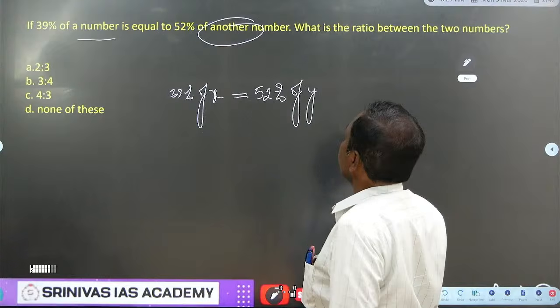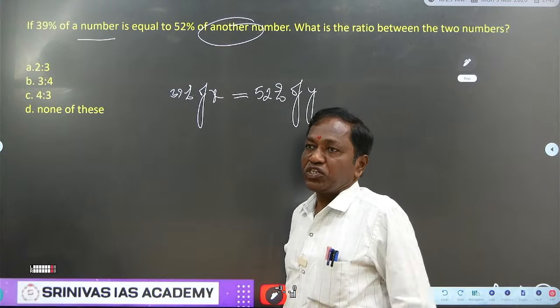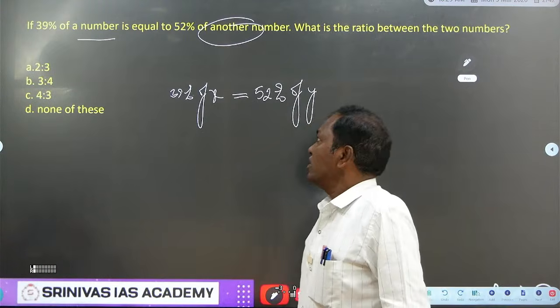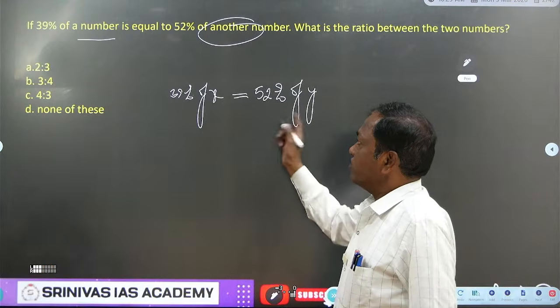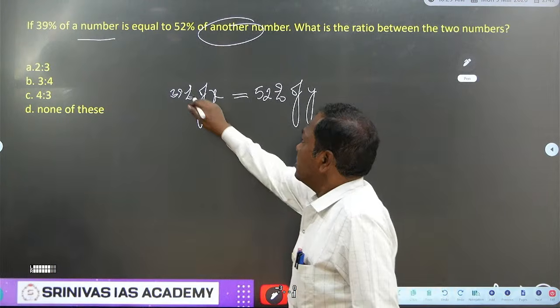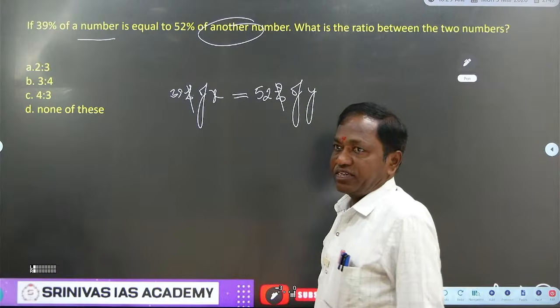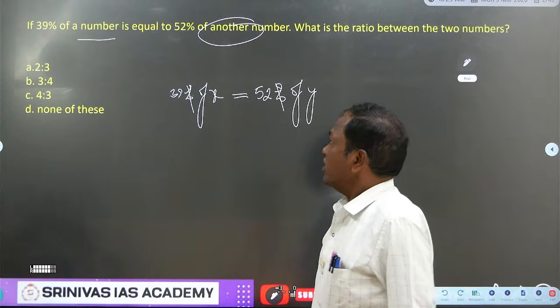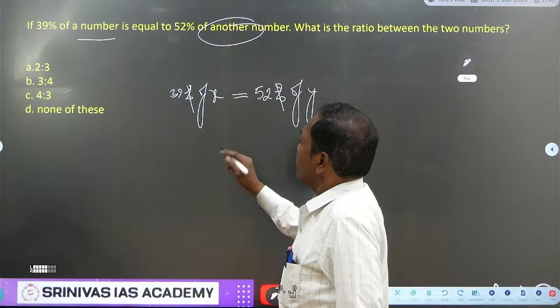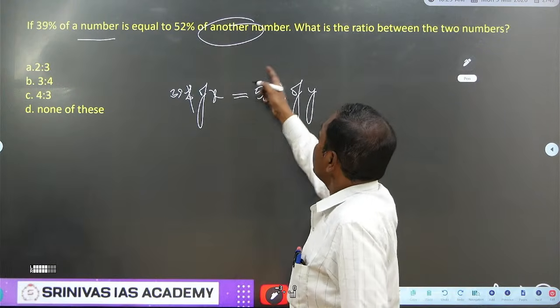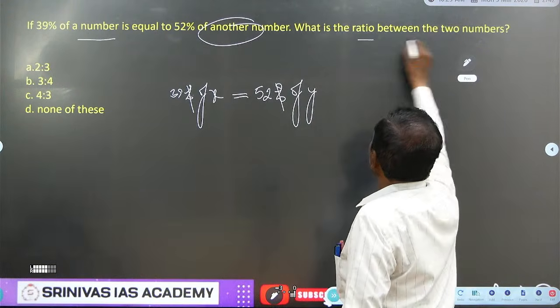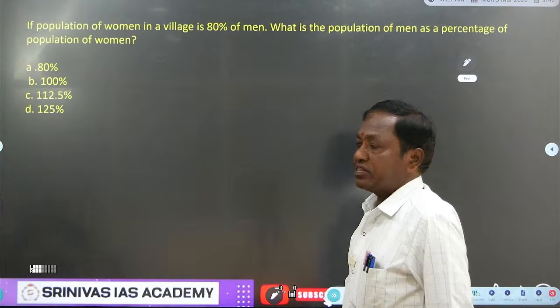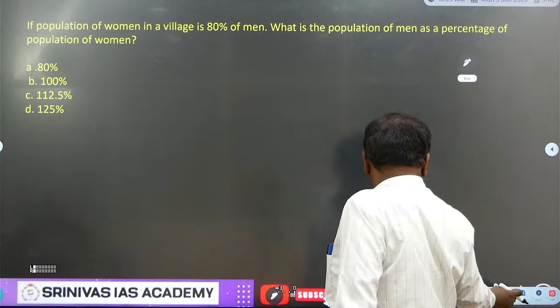What is the ratio between the two numbers? Now we can see here LHS equal to RHS, percentage gets cancelled here. And XY you cannot do. What is the ratio between the numbers? What is the first number?